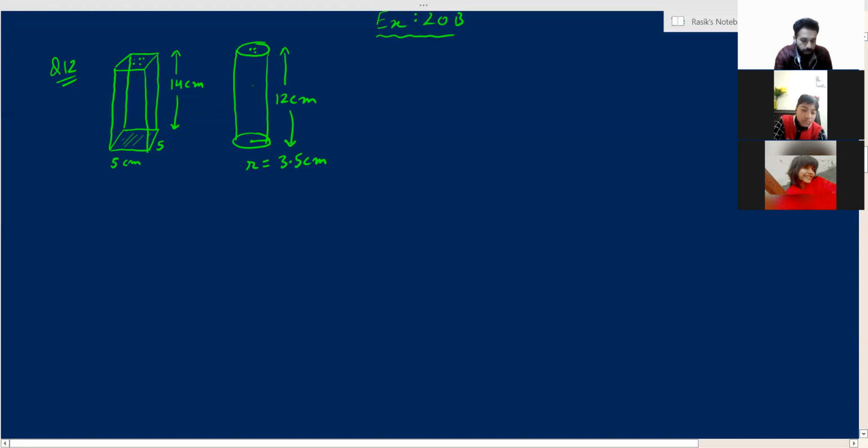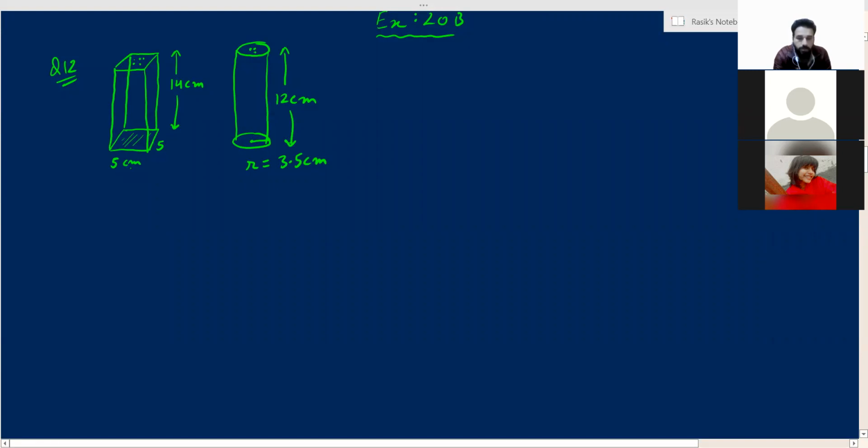That means what do we have to find? We have to find the capacity. Capacity of both the cans, which is greater, and by how much.